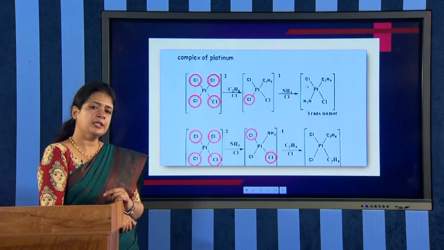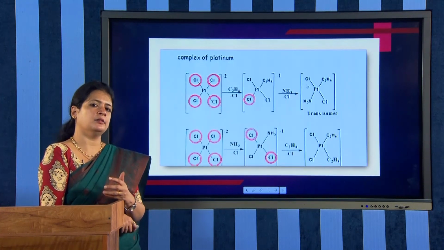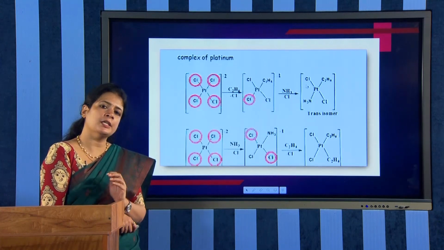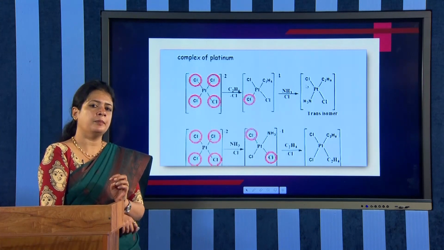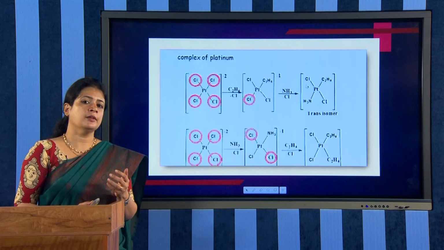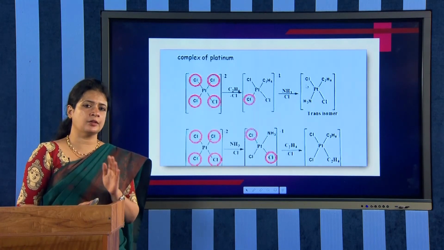Okay. So, in this module we have studied the trans effect, the theories that explain the trans effect, and the applications of trans effect, which is very important because it involves many syntheses of cis and trans isomers.